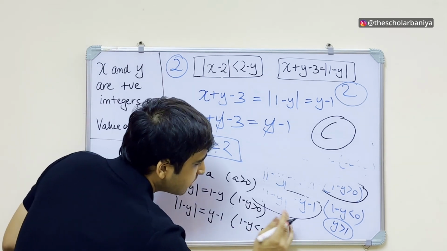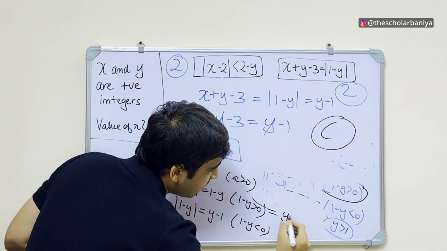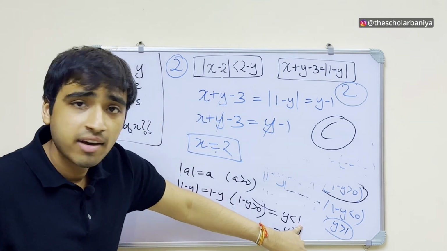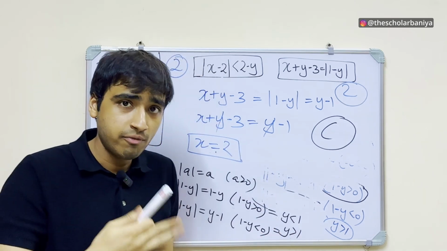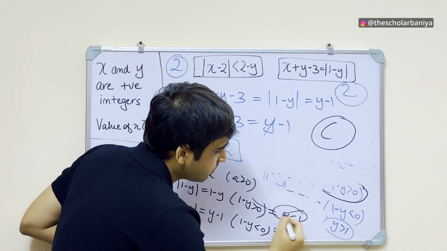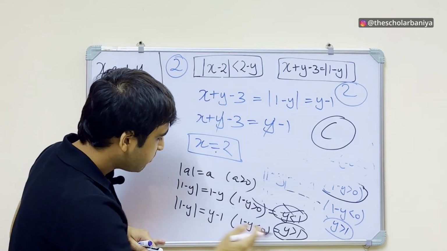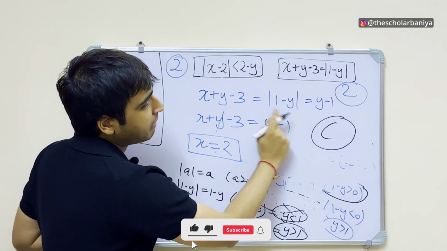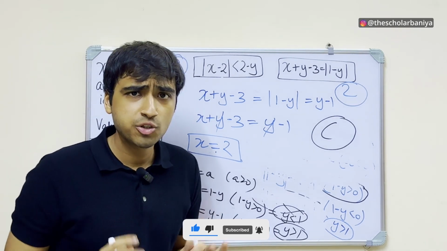So this should be y less than 1 and this should be y greater than 1. Obviously y less than 1 is not possible because y is a positive integer, so y can be 1, 2, 3, 4, whatever. So this case is not possible. The only possible case is y greater than 1. So for this we have to take mod of 1 minus y to be y minus 1. That is why mod of 1 minus y becomes y minus 1. And then you solve it. I hope this is pretty clear.